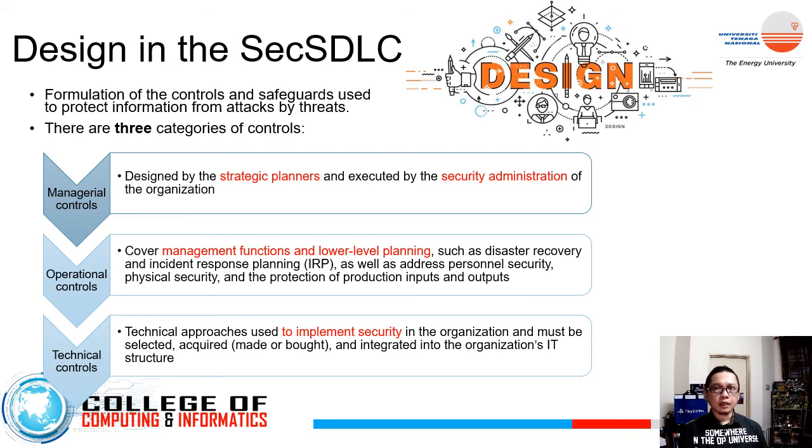So in designing the security control to protect your asset, you can look at these three categories. Either managerial control, where you look at the policy, or operational control, whether you have the proper procedure that you can implement if some threat actually happens, or the technical control that you want to implement. So these three controls can be designed and planned in the design stage.